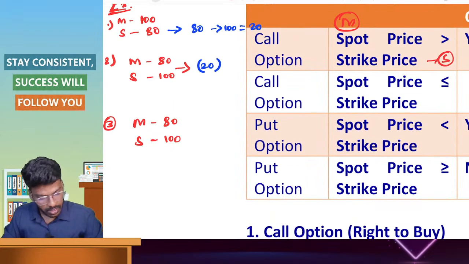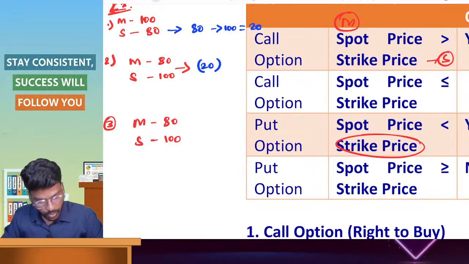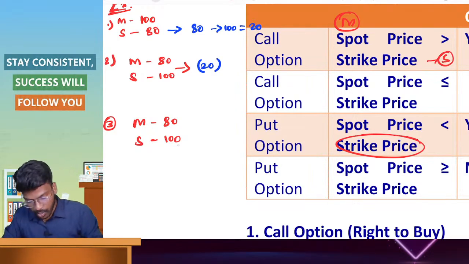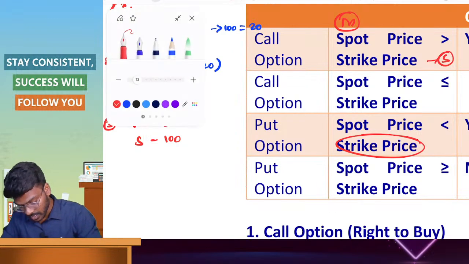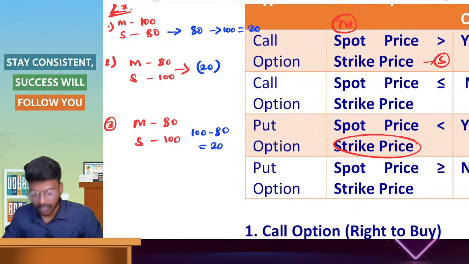Okay, strike price which is paid to the option seller. I will sell the shares to the option seller. I will get 100 rupees. So in this case, 100 minus 80 equal to 20 rupees gained I'll get.